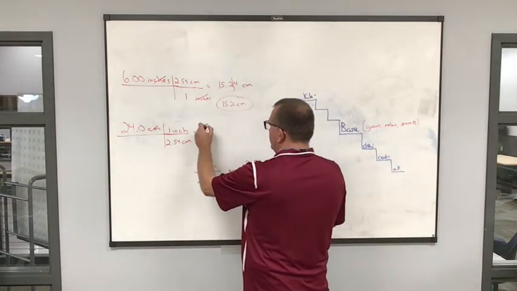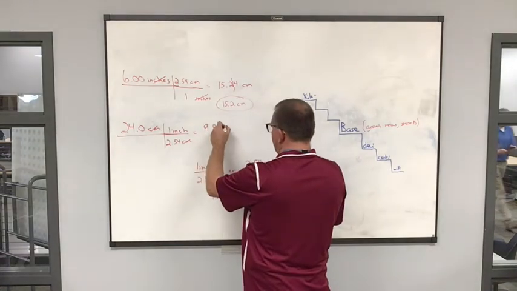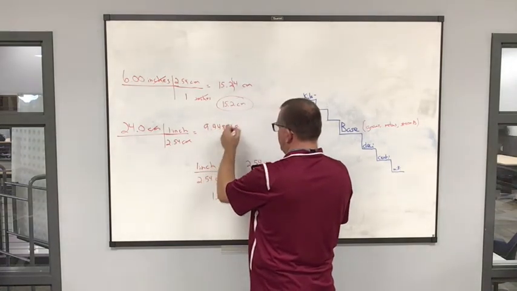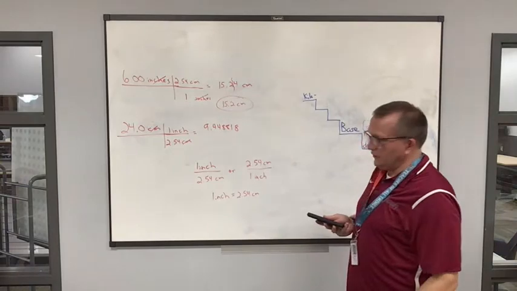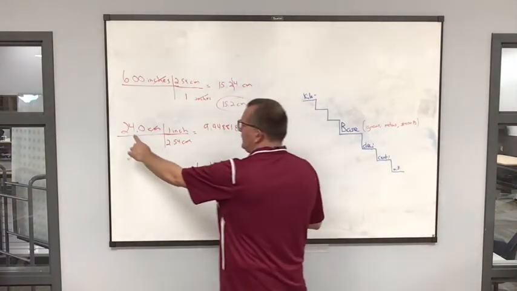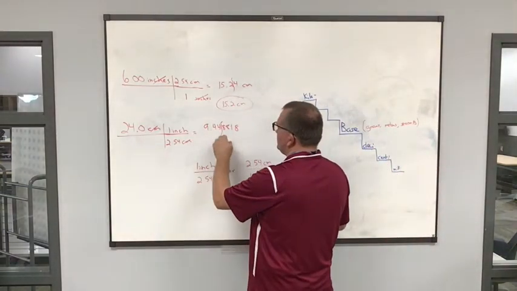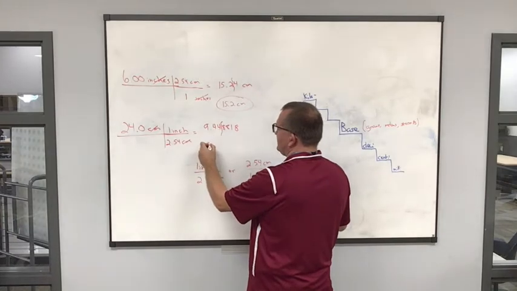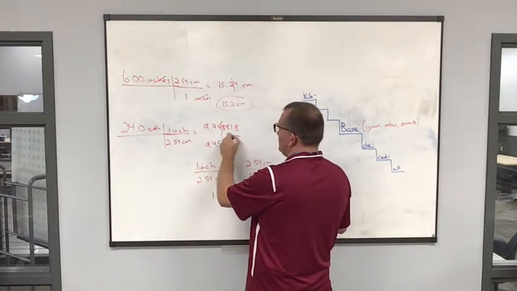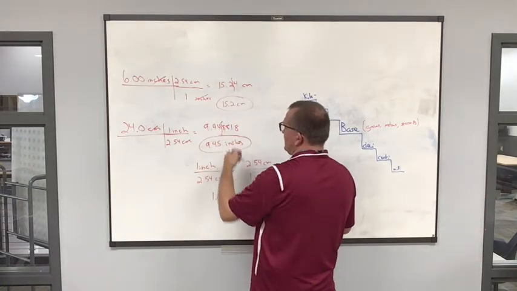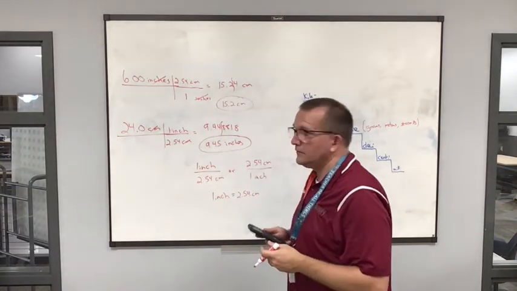And I get 9.448818, etc. I look at my first number here, 3 sig figs would be here. 8 tells me to round up. 9.45 inches. So the answer is rounded to the correct number of sig figs.